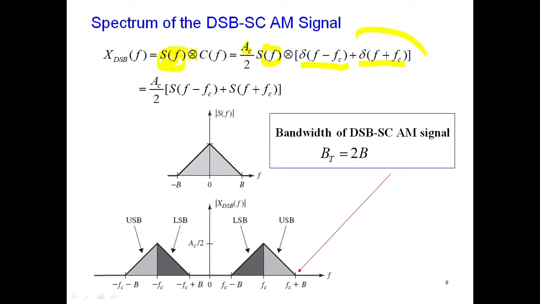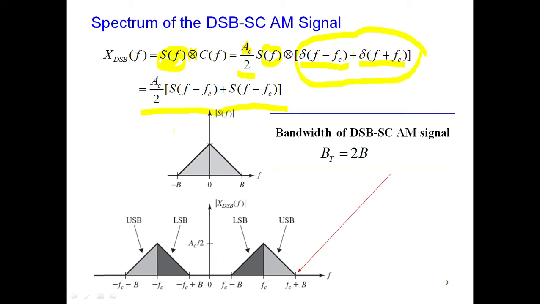This part comes from the conversion of the carrier, which is Ac cos 2 pi fc t. That's why we have to know the Fourier transform of each signal, because in communications representation, we will see the frequency of the processed signal.